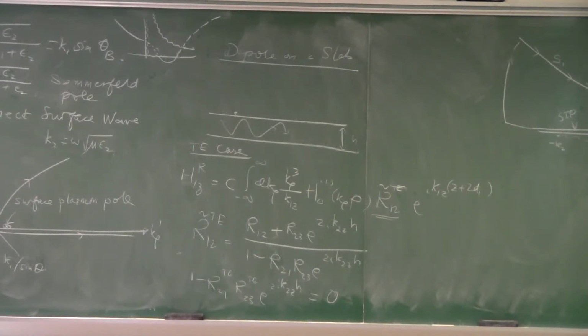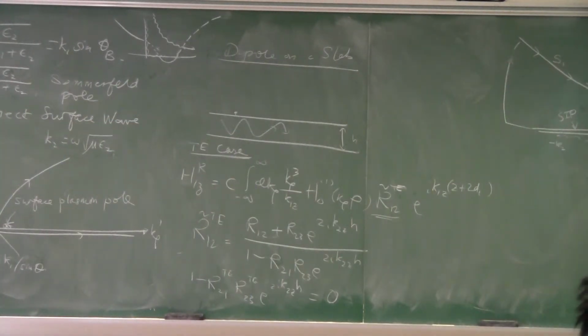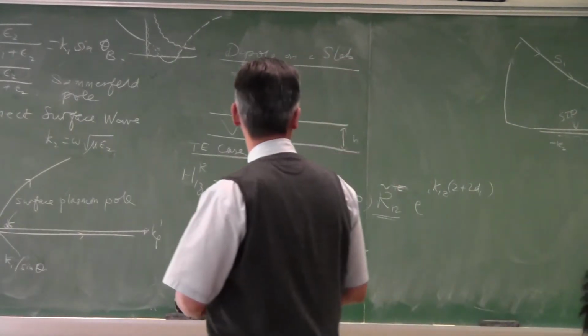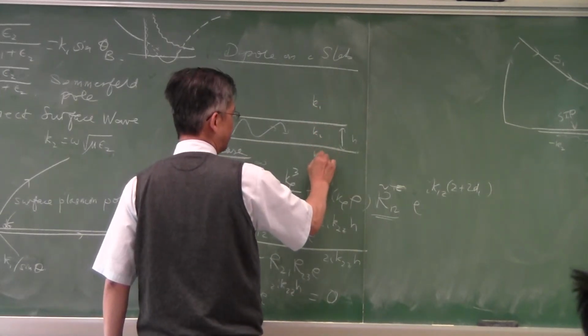Now in the case of a cavity, this would be a resonance solution. In the case of a slab, it's a guidance condition. I can actually use back the same diagram to draw this thing. Say this is k1, this is k2, this is k3.